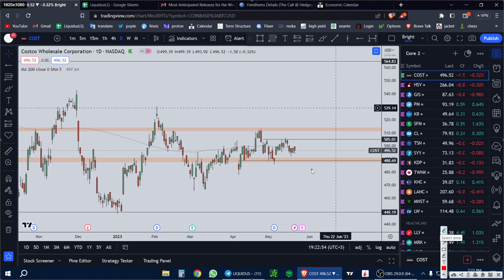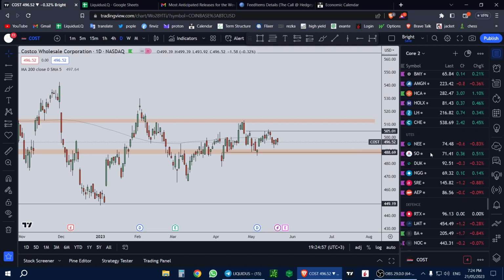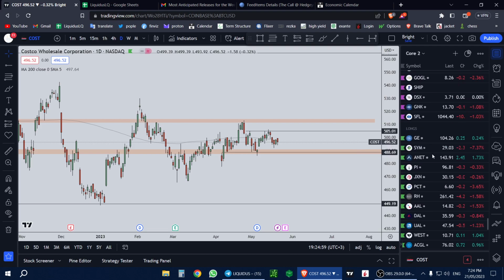Let's see how we're going to behave coming into Thursday. If we are going lower and retesting trend, we are going to put the skewed strangle to the upside. If we are going higher and retesting trend, we're going to put the skewed strangle to the downside. So this is what we're looking for. These three names that we outlined, and that's it. Generally, that's it.